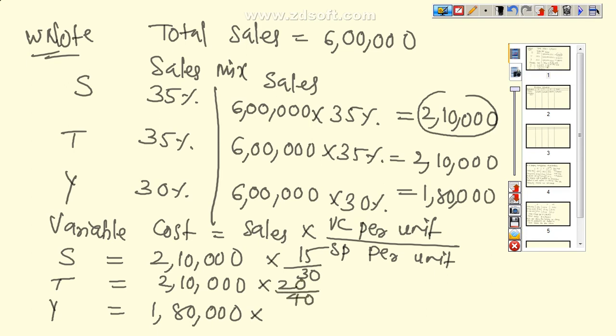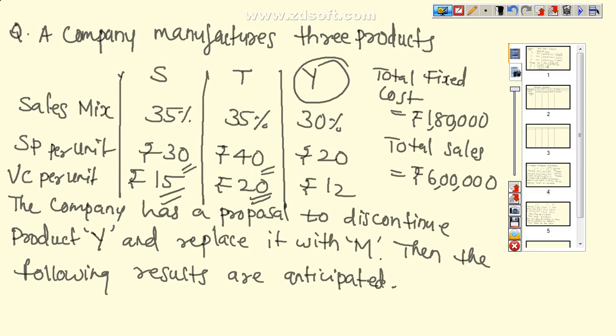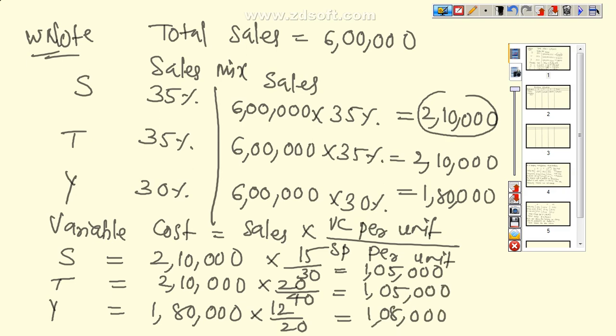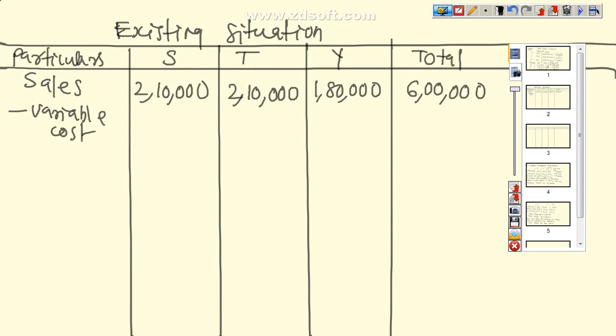And for Y product, 12 upon 20. So calculate the answers: that is equal to 1,05,000. Here again 1,05,000. Here we are getting 1,08,000.